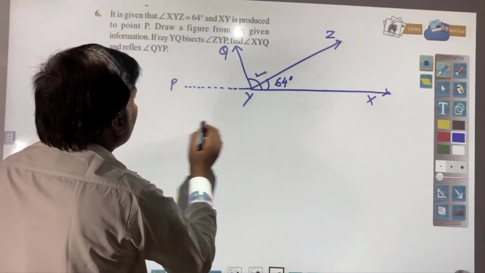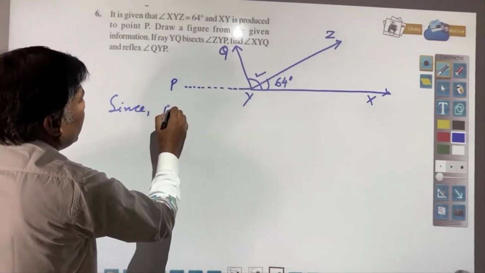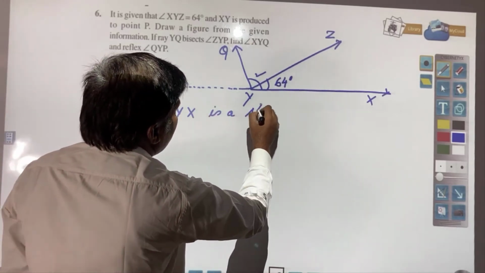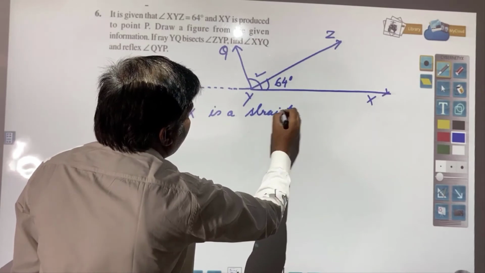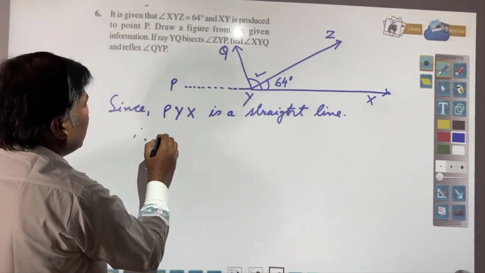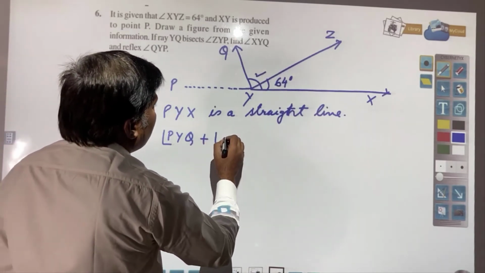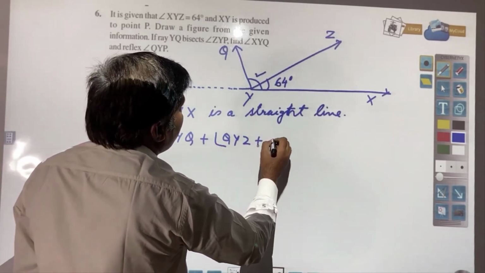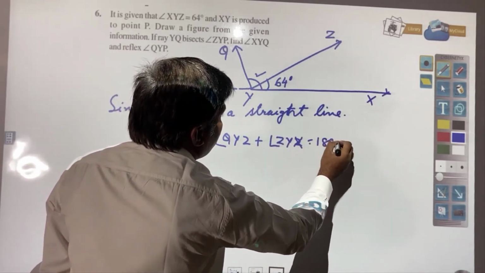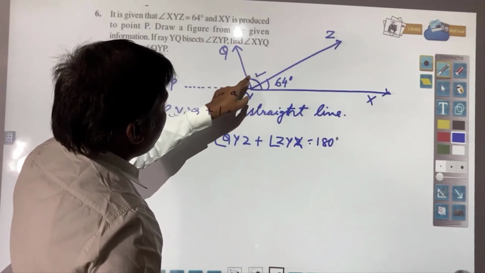Since PYX is a straight line, therefore the sum of angle PYQ plus angle QYZ plus angle ZYX will be 180 degrees. Now since this is bisecting, these both angles will be equal.